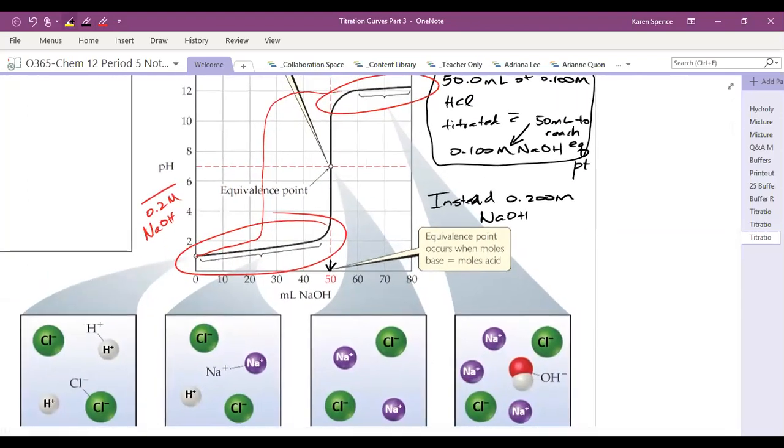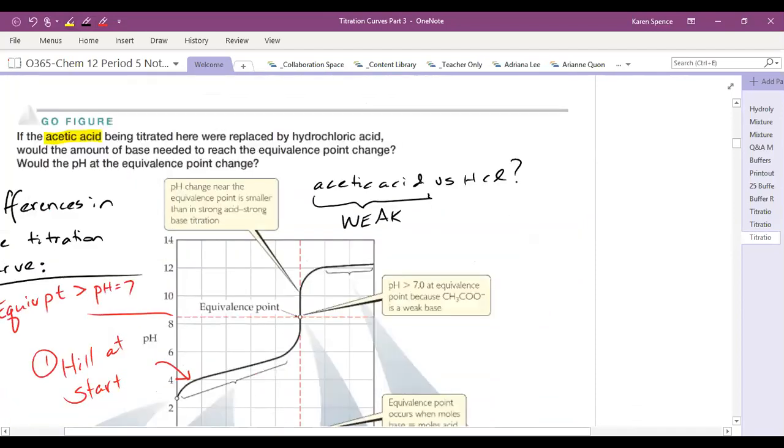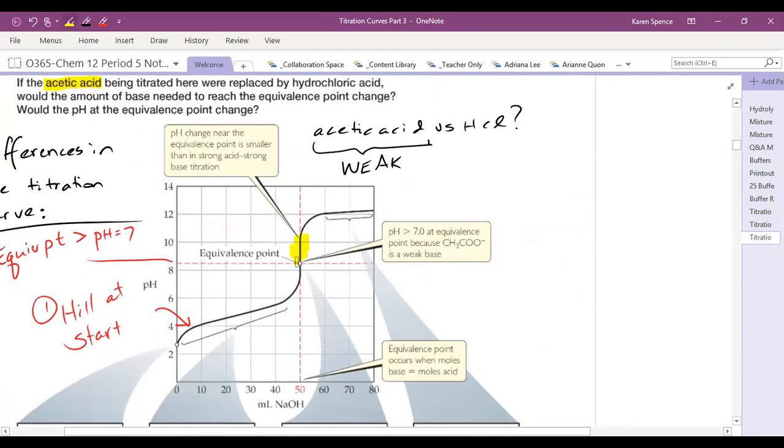In the strong, strong, it is very long, but in the weak, strong, it is much less tall.